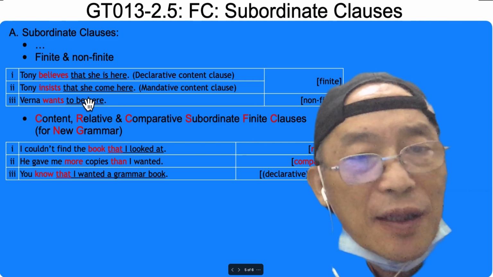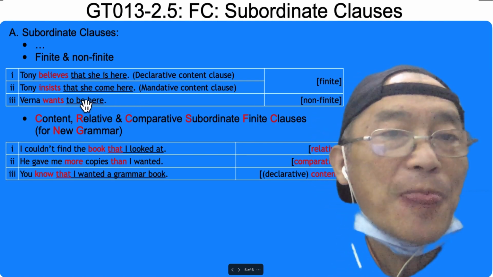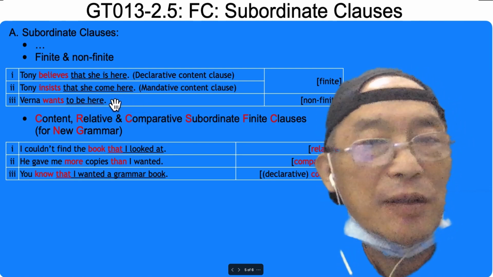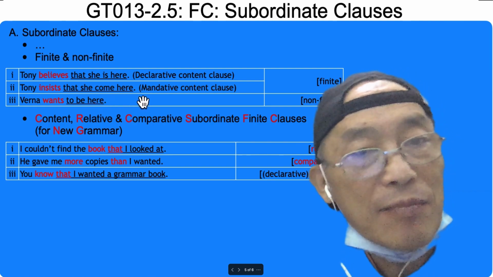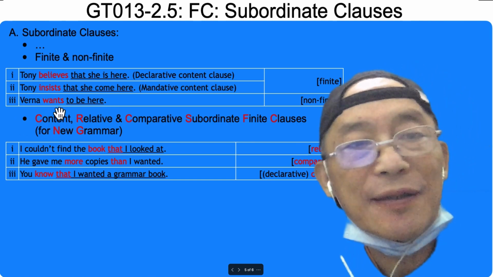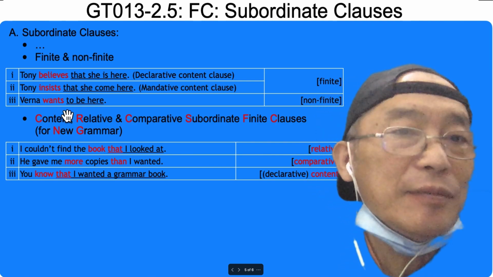That means you can use she comes here. And then it is she come here. So mandatory. If it's mandatory, then you must use that. Once declarative, it's a catenative verb.